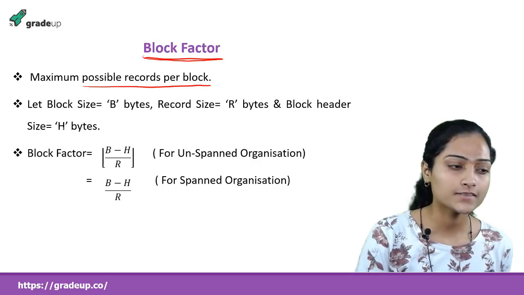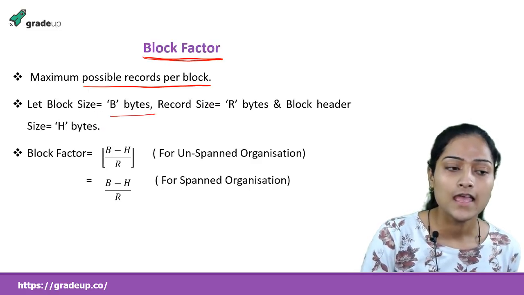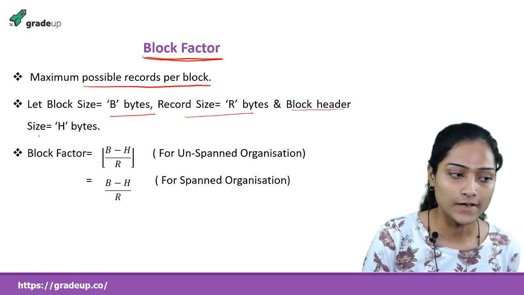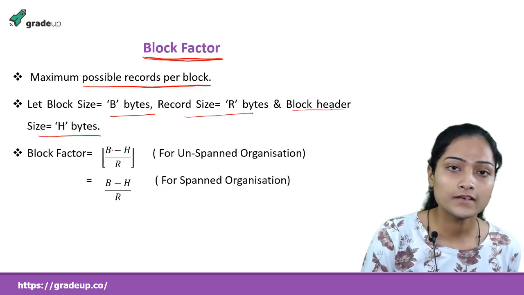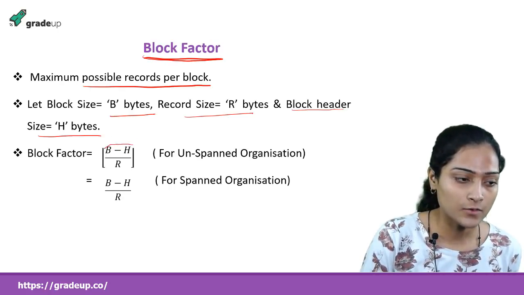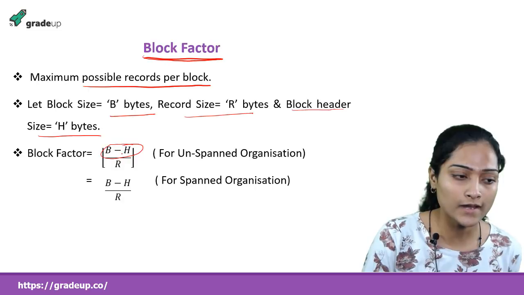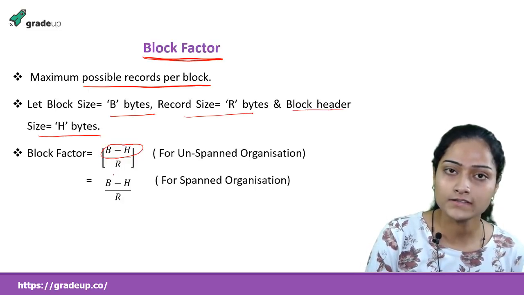Suppose you have a block of size B bytes, a record of size R bytes, and a block header of size H bytes. Then the block factor will be the memory left when you remove the memory allocated for the block header from the block size, and then divided by the record size.